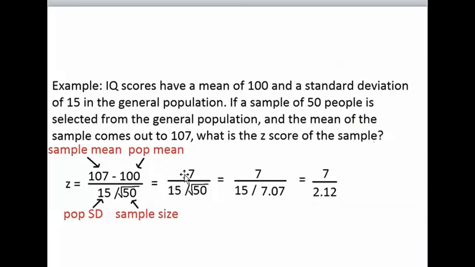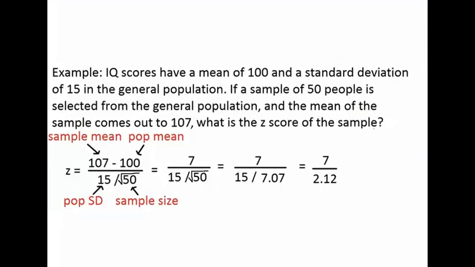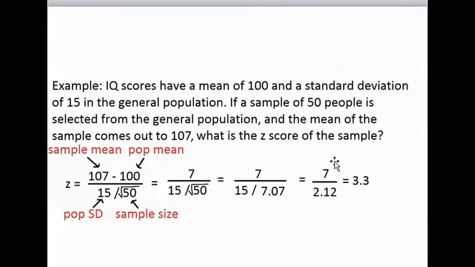So far, we've subtracted on the top, then we found the square root of 50, and it came out to this number. Then we divided 15 by this number, and we got 2.12. We just have one more step. We have to divide 7 by 2.12, and then we get our z-score. So this sample of 50 people has a z-score of 3.30.